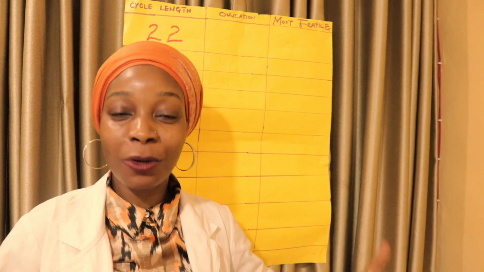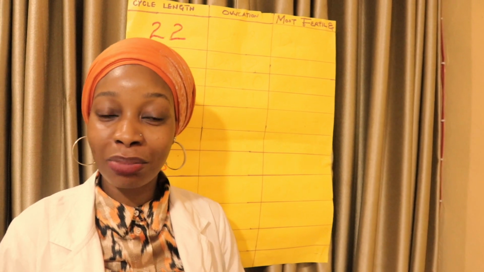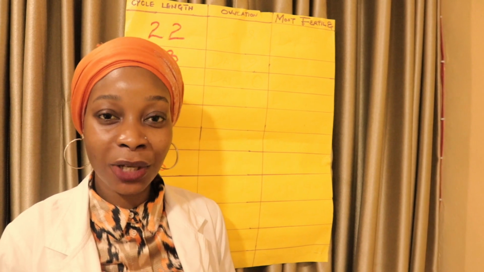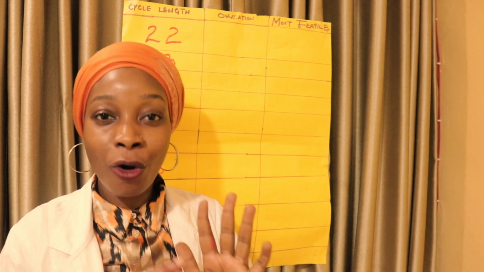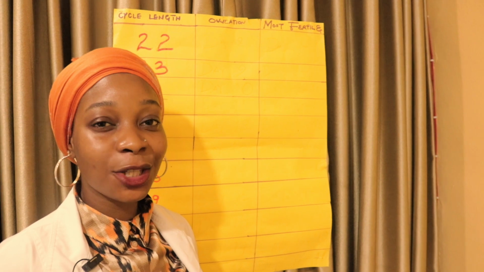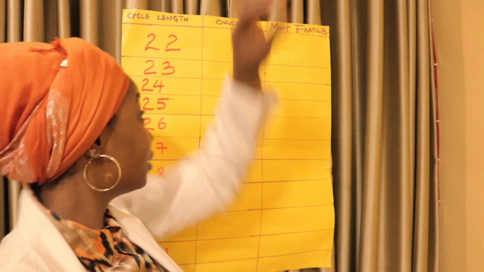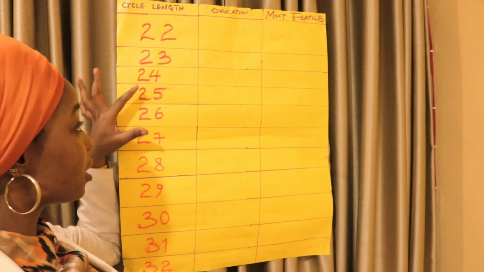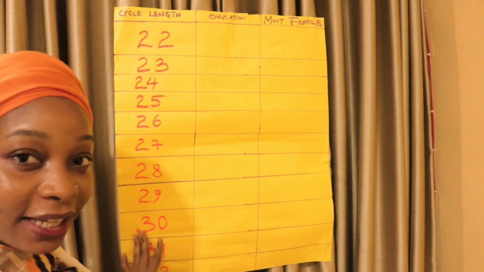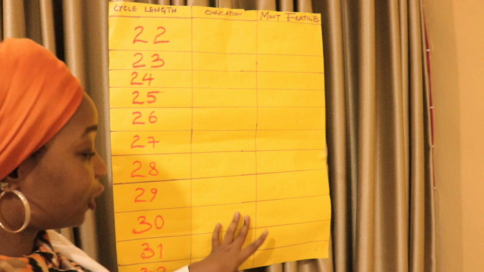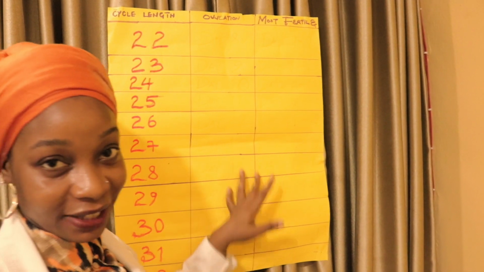When are your fertile and unfertile days going to be in this period? This is what I'll be helping you to calculate for all cycles, from 22 days cycle length to 32 days cycle. This is 22, 23, 24. This is your cycle length, this is your ovulation, and this is your most fertile days.